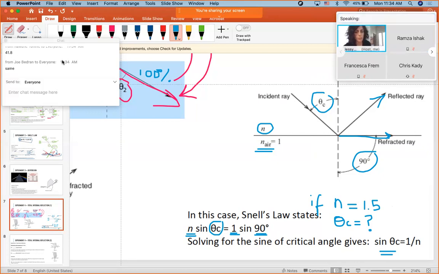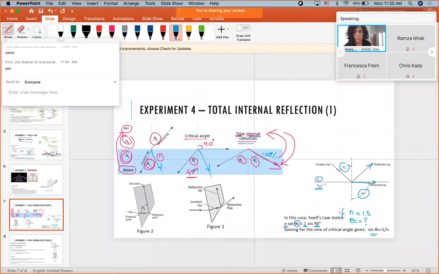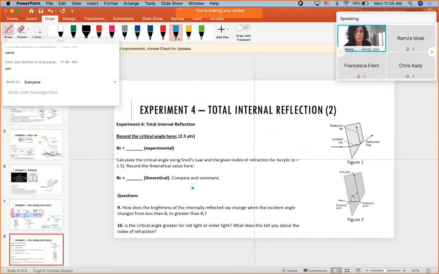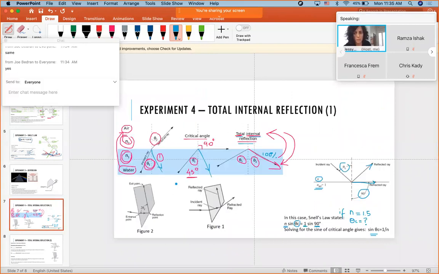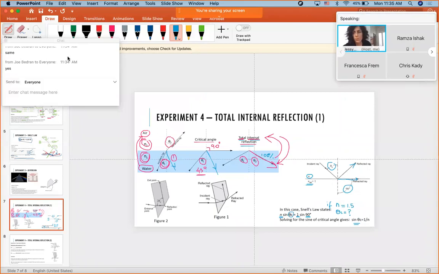Are you sure, I'm talking to everyone, that you know how to do that? Please let me know if you cannot do that alone, because for some reason, some students may not know simply how to use a calculator. All right, fine. So the answer is 41.8, right? So 43 was not very accurate from me. I was simply giving an example.